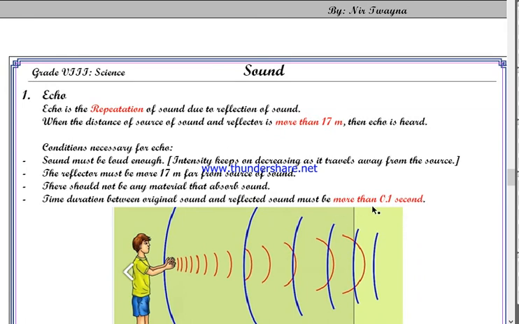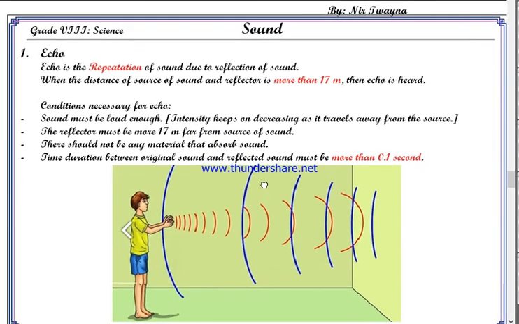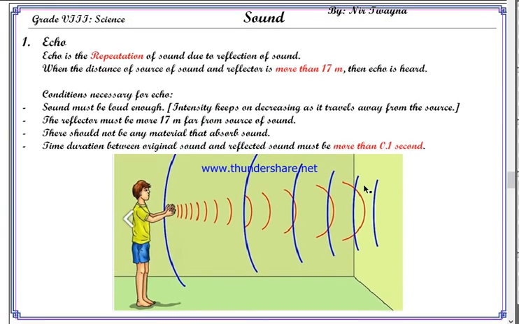If the time duration between two sounds is less than 0.1 second, then we cannot distinguish them as separate sounds. Our brain cannot distinguish between two sounds which come within less than 0.1 second.